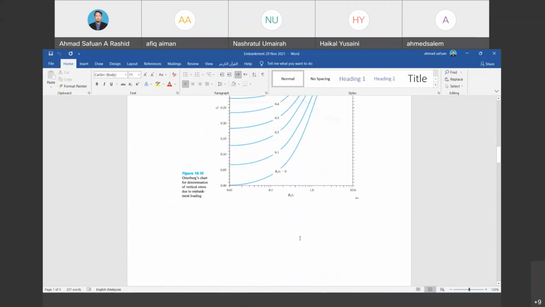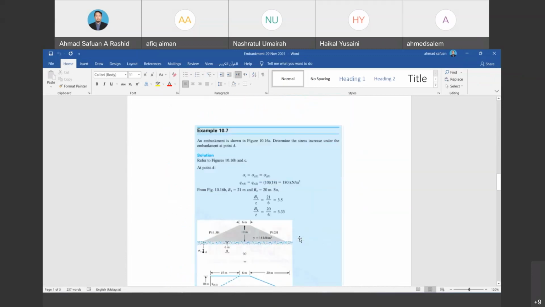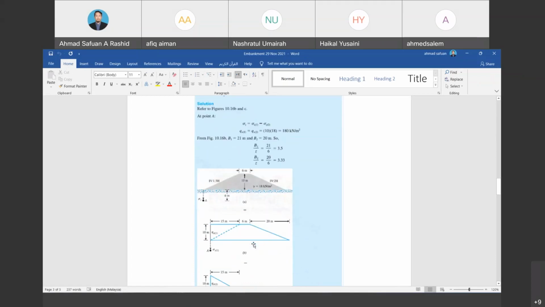Now we look at one example, where we want to determine the stress 6 meters below the toe of the embankment, located at A. When we look at this embankment, the geometry is not symmetrical, especially the width of the slope.